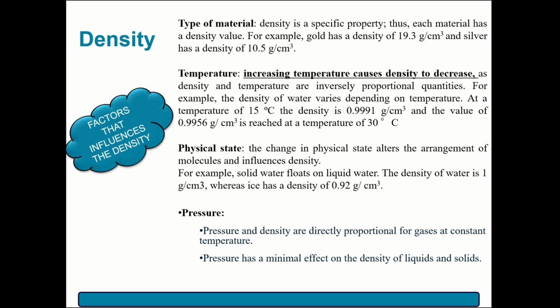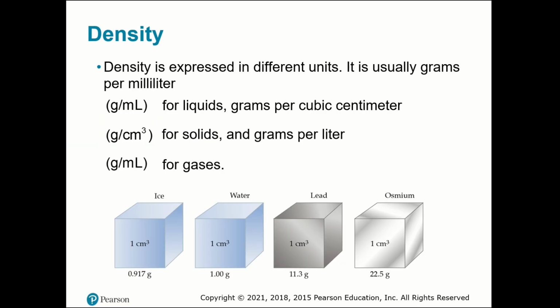So pressure also influences a lot, more in gas and a very minimal factor in liquids and solids. If you keep the temperature constant and you increase the pressure, we can increase the density. So the pressure and density are directly proportional for gas at constant temperature.